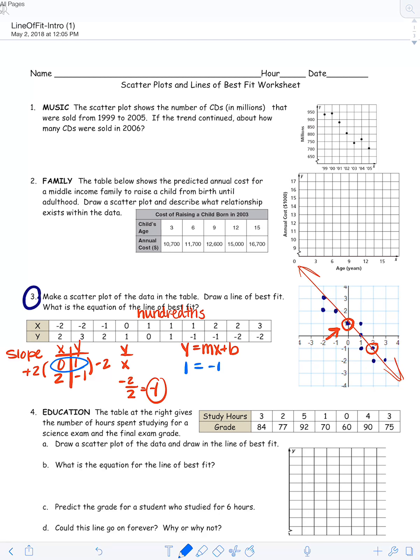I got a slope of -1, so that goes in place of m, and I have an x value of 0, plus b. So -1 times 0 is 0 plus b, and I would get b is 1. So the equation of this line would be y equals -x plus 1.